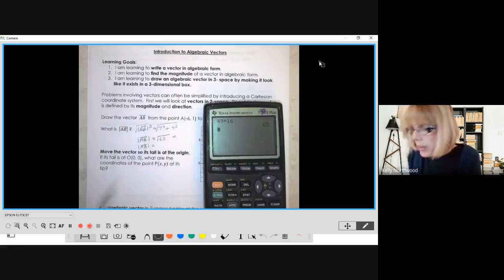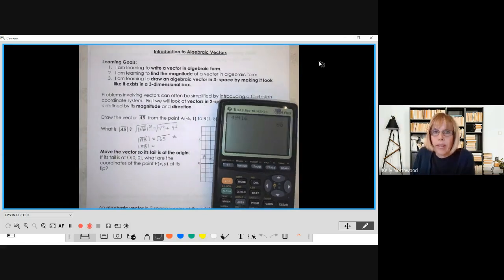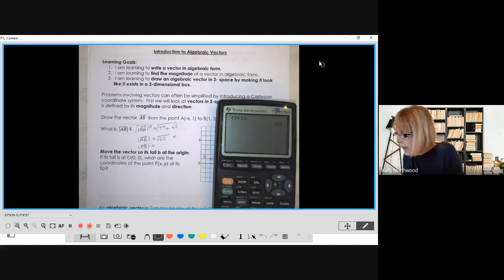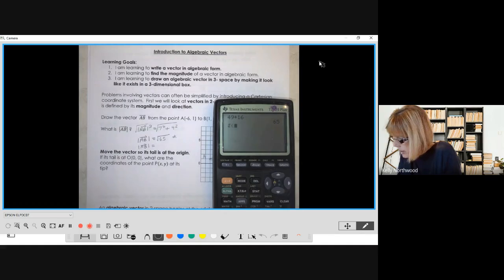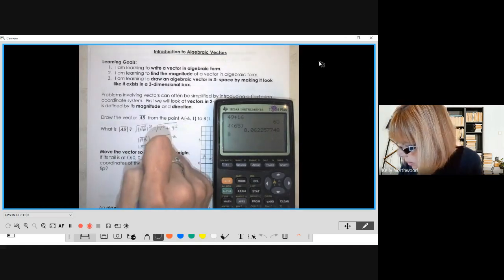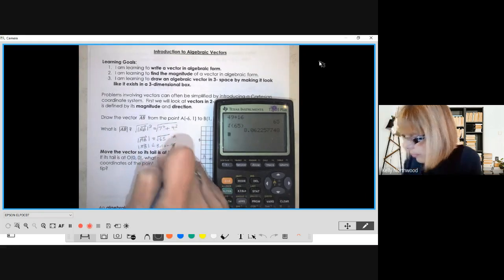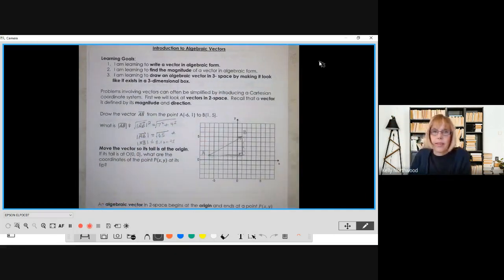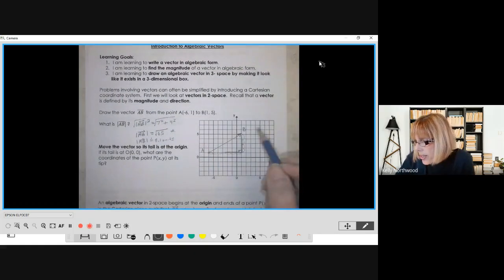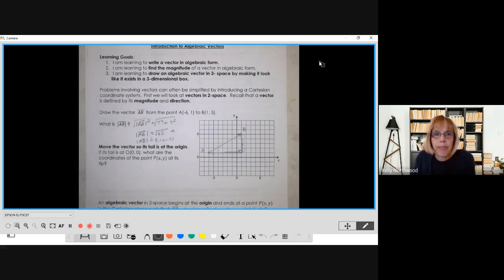This is where we would leave things most often, with square root of 65. But we can also do approximate, approximately 8.1 units. So the length of this vector is square root of 65, or approximately 8.1 units.